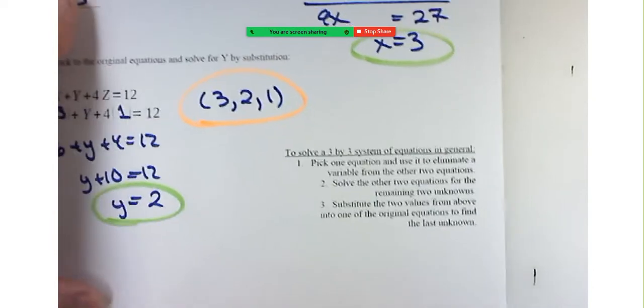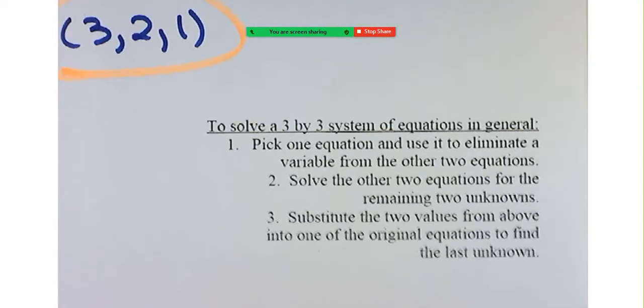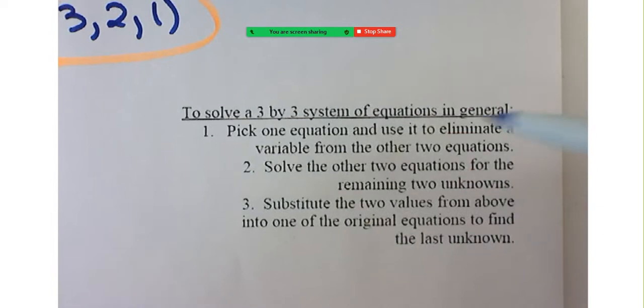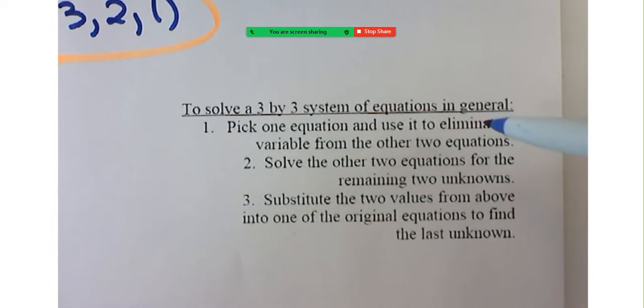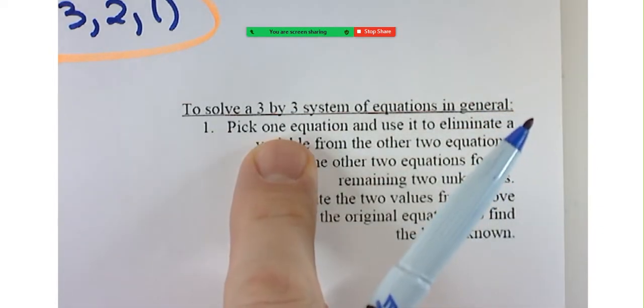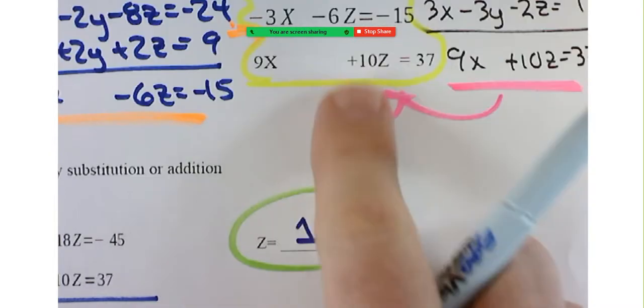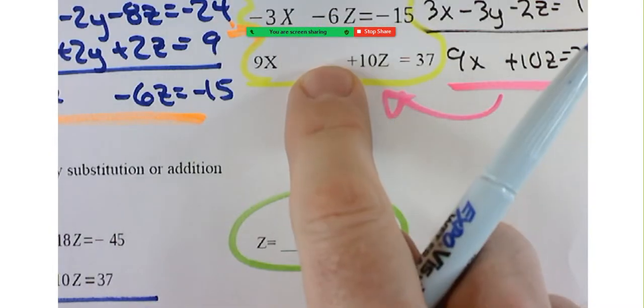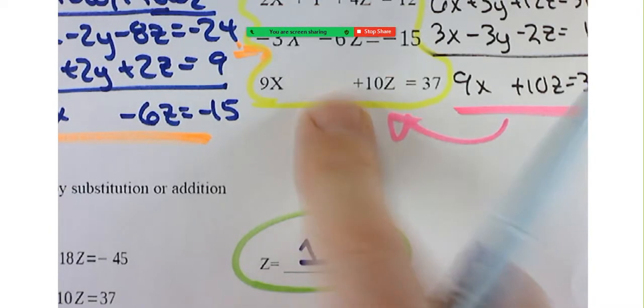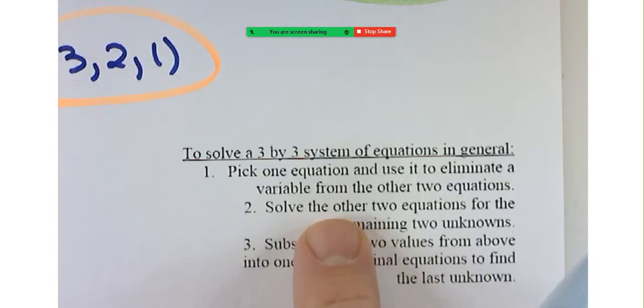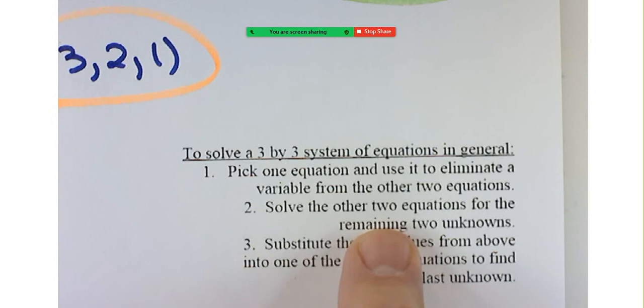Overall, your steps to solve a system of equations, in general, a 3 by 3 system of equations, are going to be just what we did here. You're going to pick one of the equations and use it to eliminate a variable from the other 2 equations. So that's what we did here. We got rid of the y from those 2 equations. Once we did that, then we're going to solve the other 2 equations for the remaining 2 unknowns.